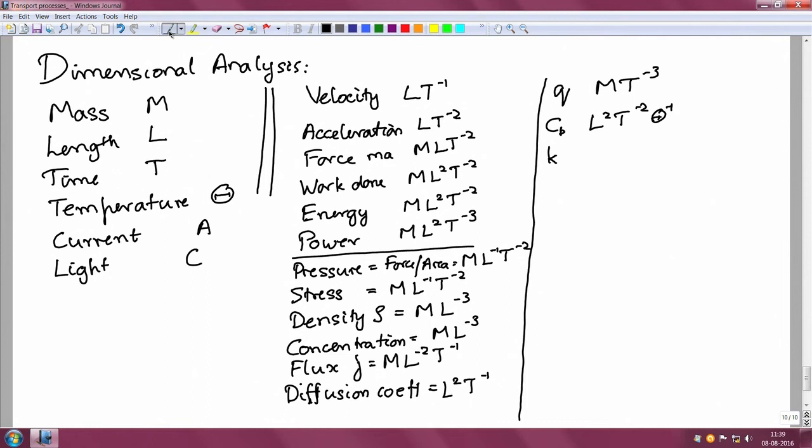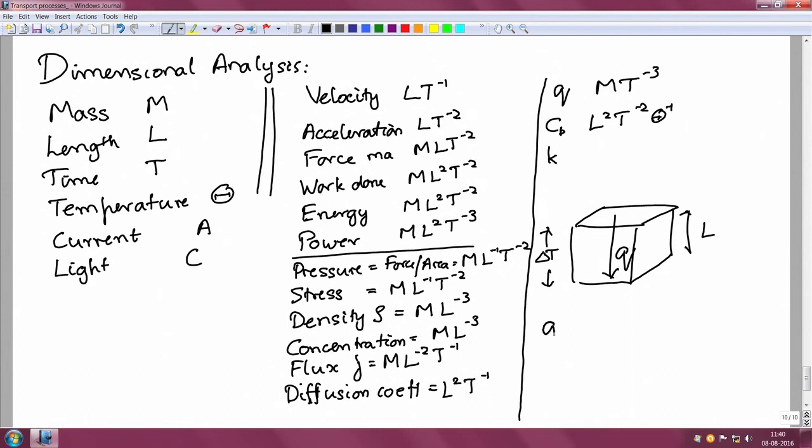Fourier's law of heat conduction states that if I have some volume of fluid of length L, across which I have applied a temperature difference delta T, then the heat flux going through it is Q equals minus K delta T by L. Negative sign because heat is transferred from regions of higher temperature to regions of lower temperature.